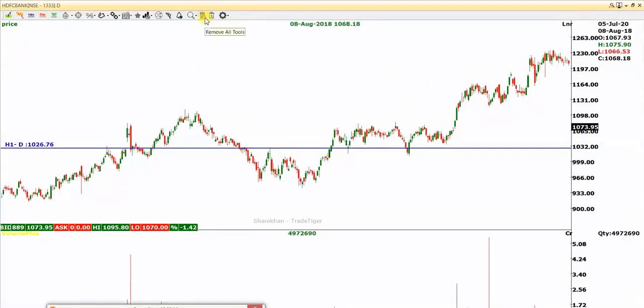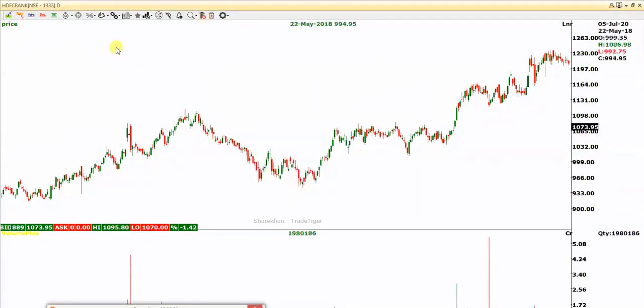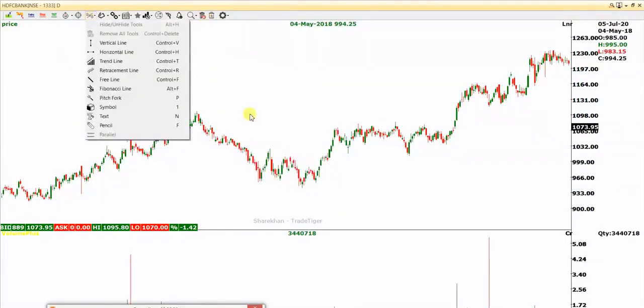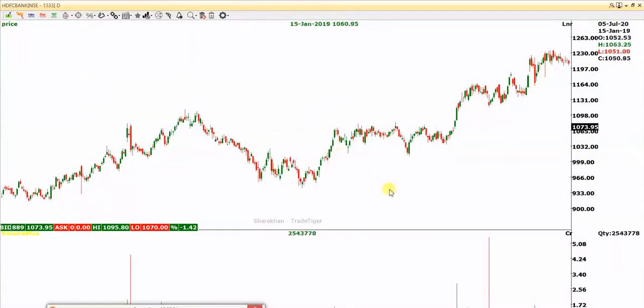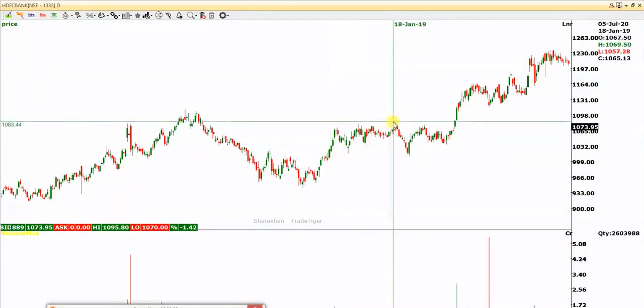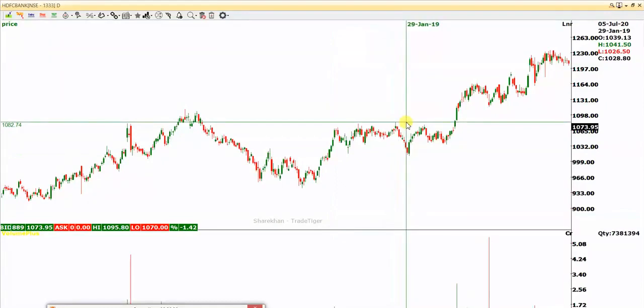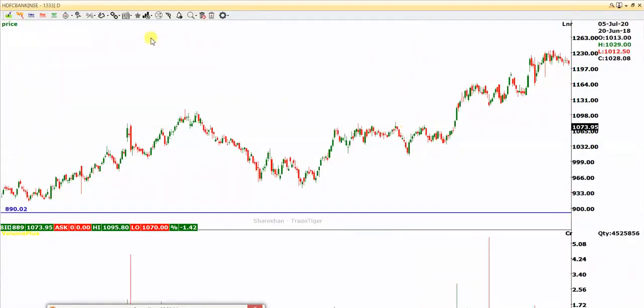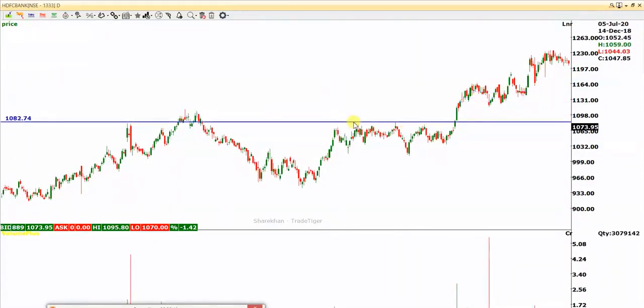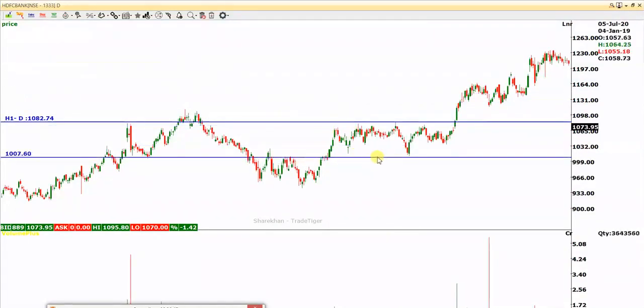Let me delete all these things. So look at this bar, and if this is a resistance line, now when this particular stock is going out of this box, I am talking about this box, okay?